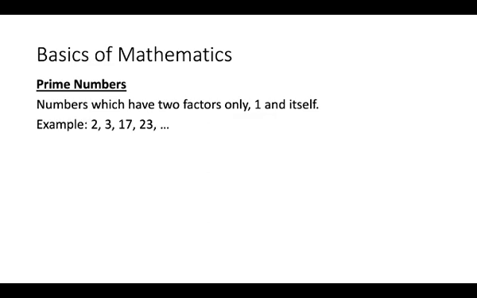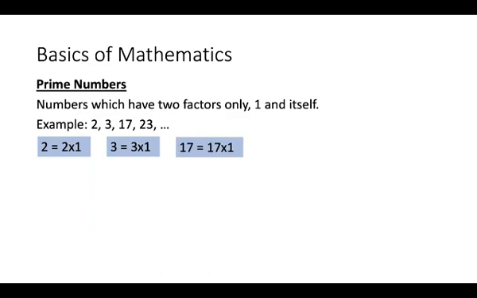For example, 2, 3, 17, 23, and so on. Factors of 2: 2 into 1. Factors of 3: 3 into 1. Factors of 17: 17 into 1. Factors of 23: 23 into 1.